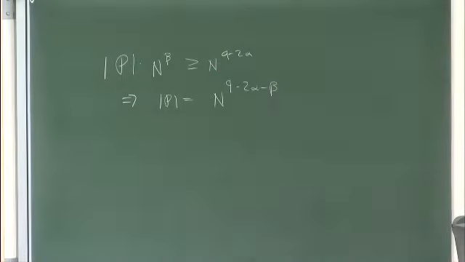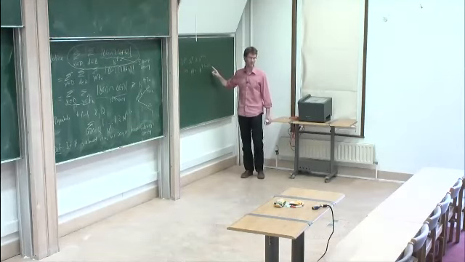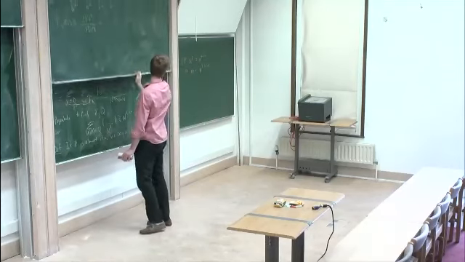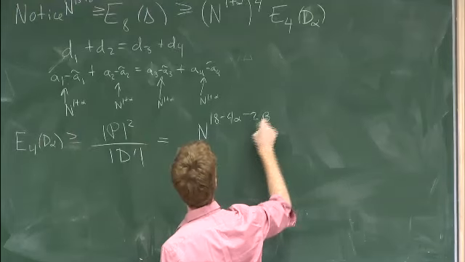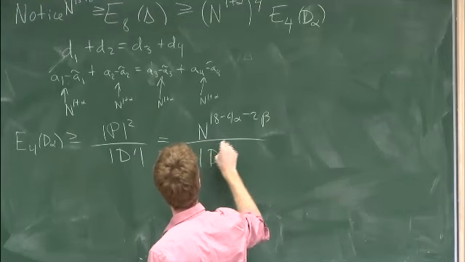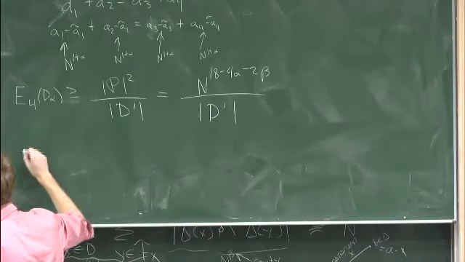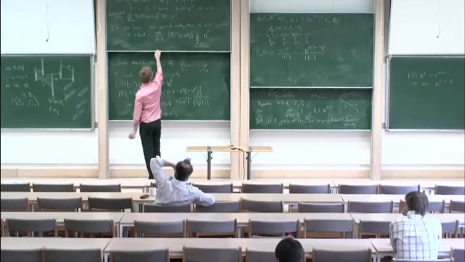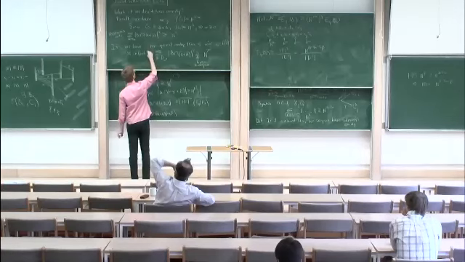Okay, this isn't all that important. The point of carrying out this computation is to show you that the parameter beta doesn't actually play a role. So that's equal to n to the 18 minus 4 alpha minus 2 beta divided by the size of d prime. And the size of d prime here, well, we know how many additive quadruples we have, so we have an upper bound too.